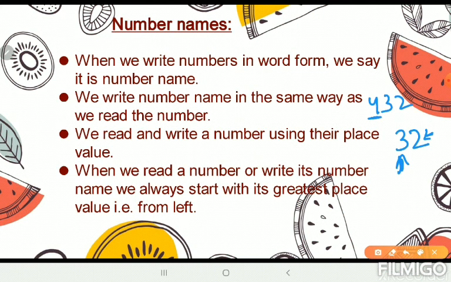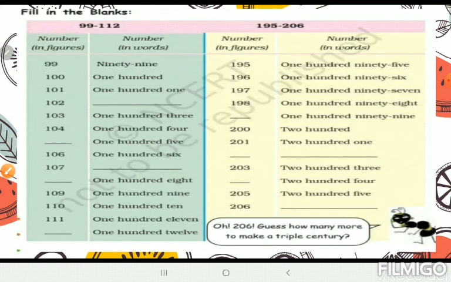Okay, so these are some of the basic things about number names. Now let's see here. This page is from your textbook. I think it is very easy for you all to complete it. So you all are going to complete this in your textbook.